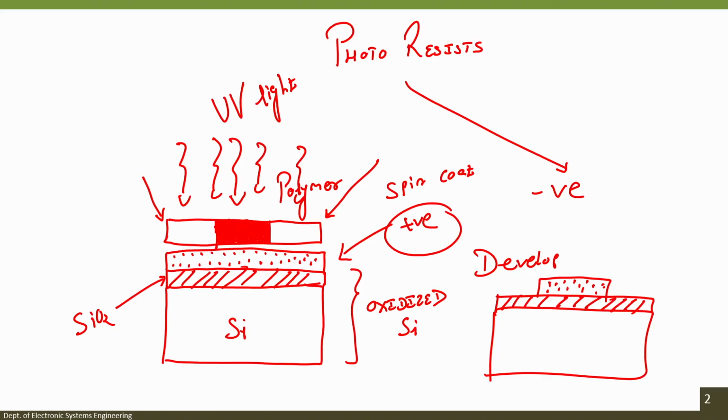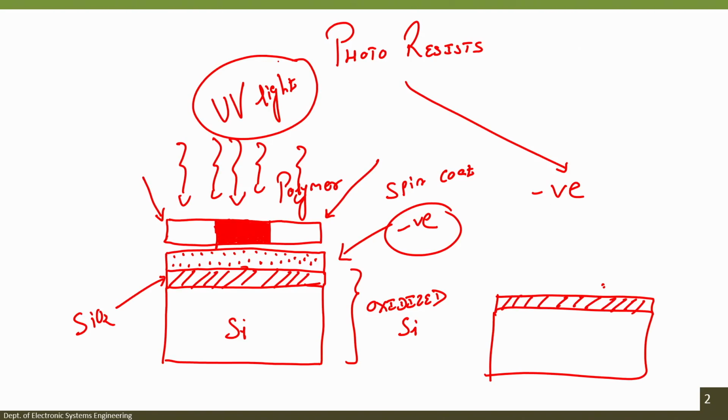Now, let us take the example of negative photoresist and see what happens. On an oxidized silicon wafer, we spin coat negative photoresist and expose it using UV light.